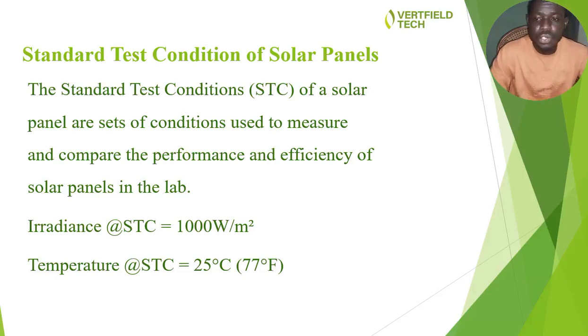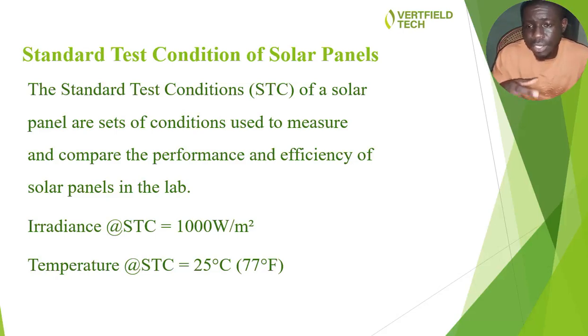All right. Now, talking about the temperature a little bit, what you should know and understand is that as this is the temperature stipulated as standard test condition, 25 degrees, it means that your solar panels would function perfectly.